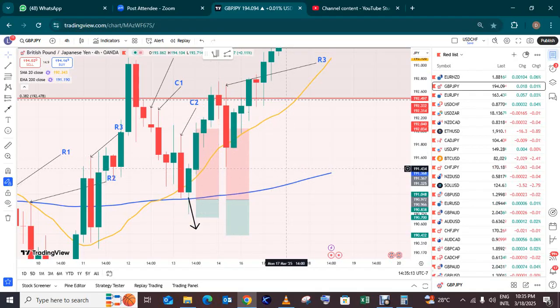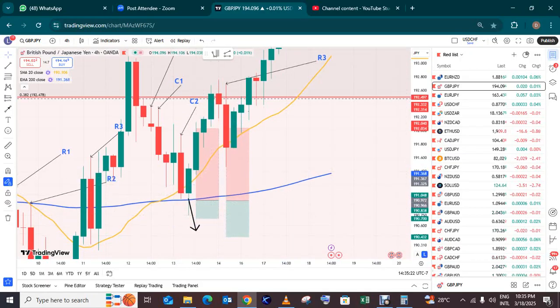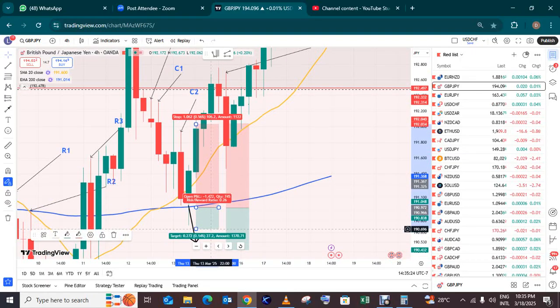Now you can see this is the plan. This is what I gave us on Thursday. This is what I wanted to see. I wanted price to come down towards this level for TP1, but unfortunately it didn't get to that level, and too bad, we were sleeping. It was at night, so price almost got there, but bounced.